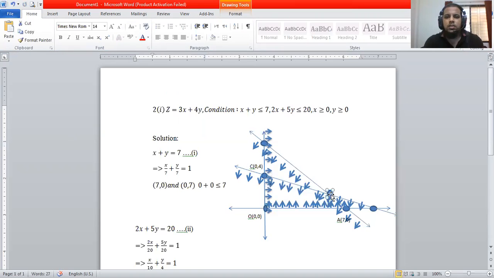And lastly, we have to solve it. We have to solve equation number one, the line of equation number one, and the line of equation number two.